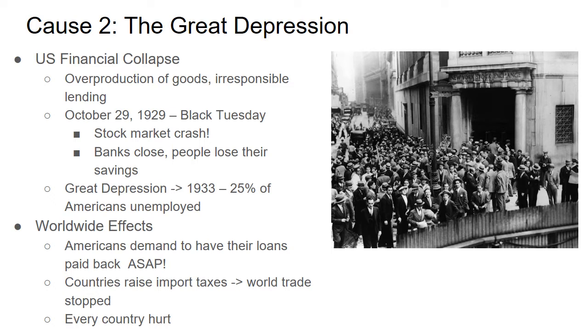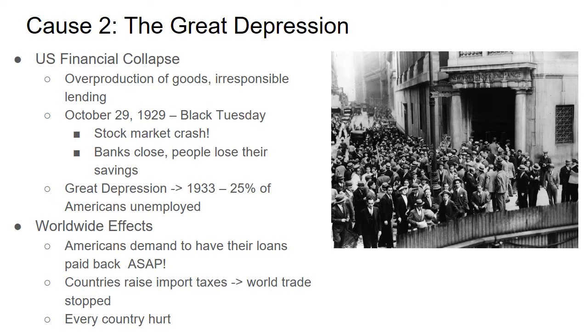That system can work okay as long as you're not lending irresponsibly. However, people were buying things with credit that they really had no way to pay back. And banks weren't really paying attention to who they were lending money to and how much they were lending. And so people were ending up with massive amounts of debt that they really didn't have a way to pay back. This all comes to a head.